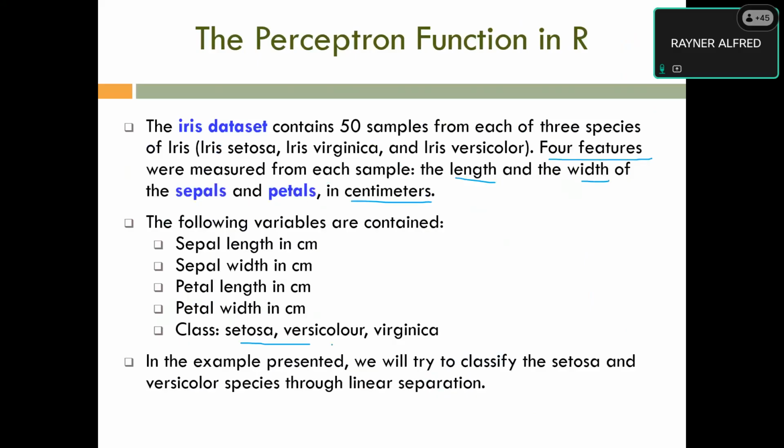And we also have the class here. Okay. So for this example, we will try to classify the Setosa and Versicolor species, because remember that the example that we have now is for binary class, so we will have 2 classes only, so we will take these 2 only.